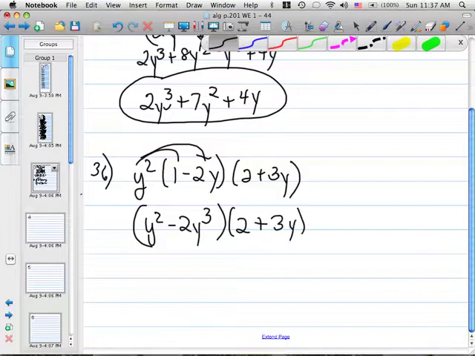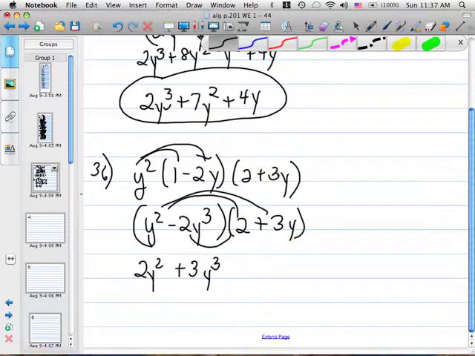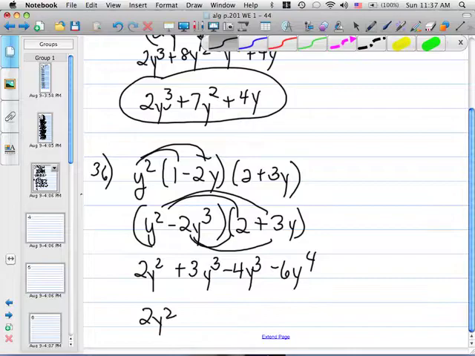So first term, we get 2y squared, outer term plus 3y cubed, inner term negative 4y cubed, and last negative 6y to the fourth. So the 2y squared comes down, positive 3 and negative 4 make negative 1y cubed, minus 6y to the fourth.